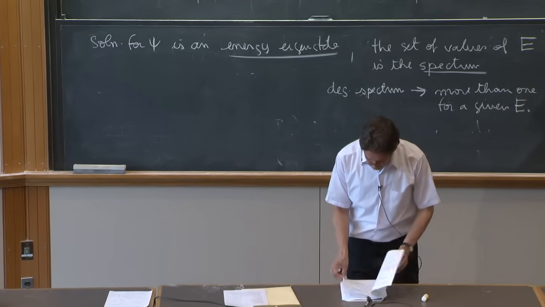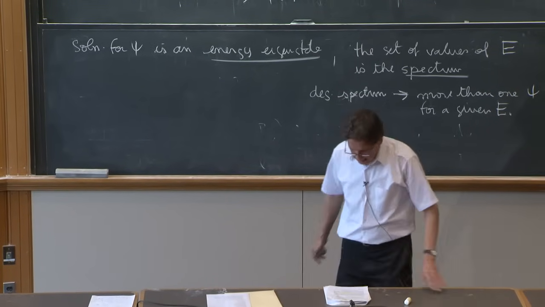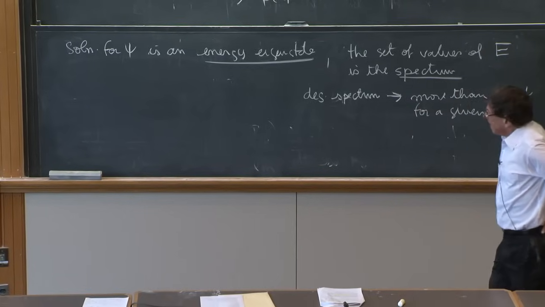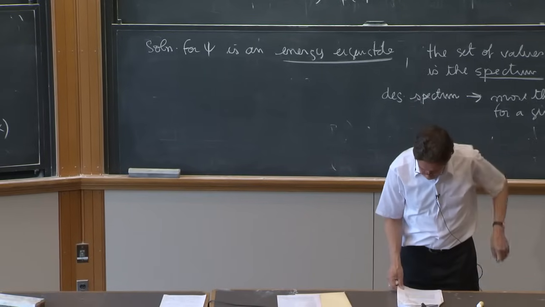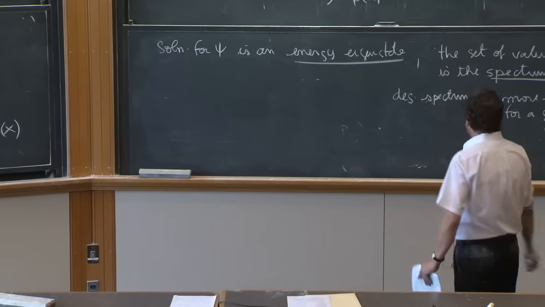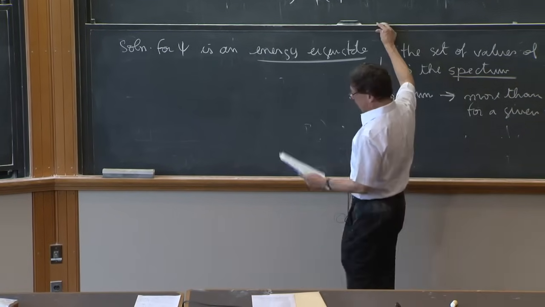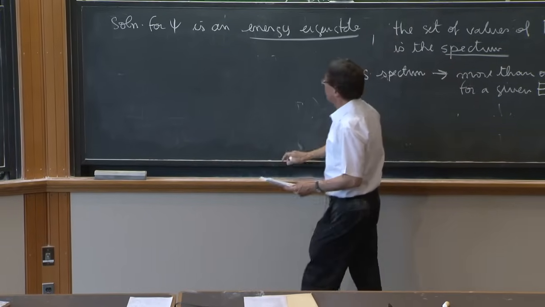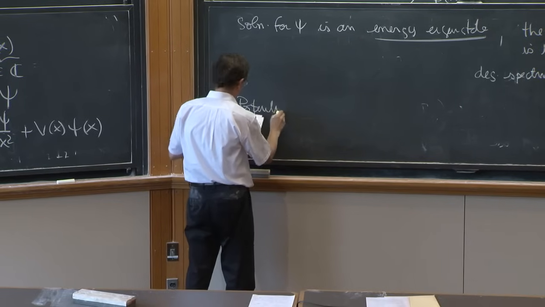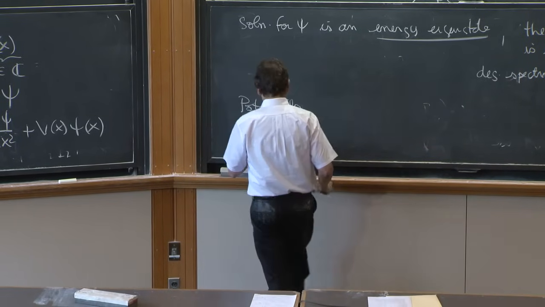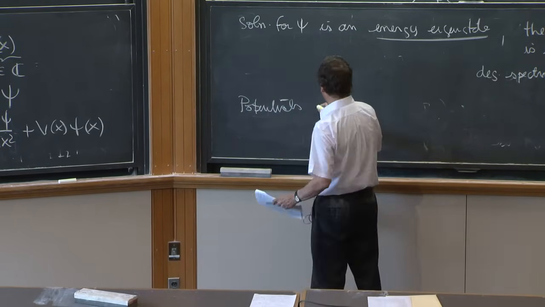So let's say a couple more things about the nature of this wave function. So what kind of potentials do we allow? We will allow potentials that can fail to be bounded.